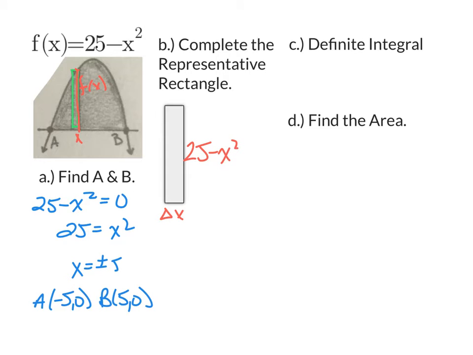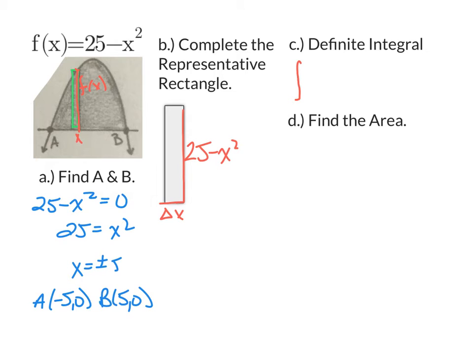And that completes the representative rectangle, which is super helpful in helping us to define the definite integral that will in turn help us find the area, because the definite integral comes from adding up all of these rectangles from the Riemann sum. And so our definite integral is going to be basically base times height of our representative rectangle.